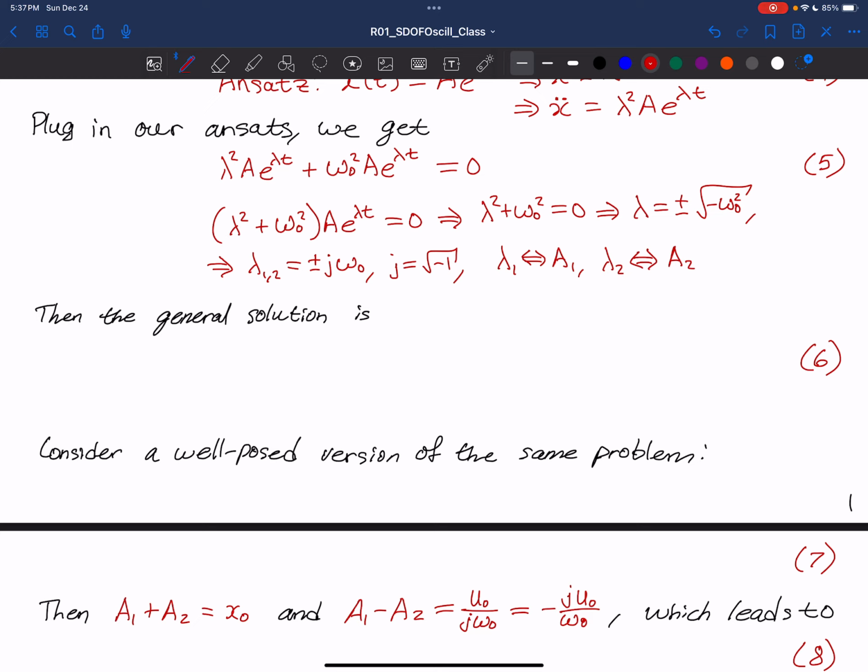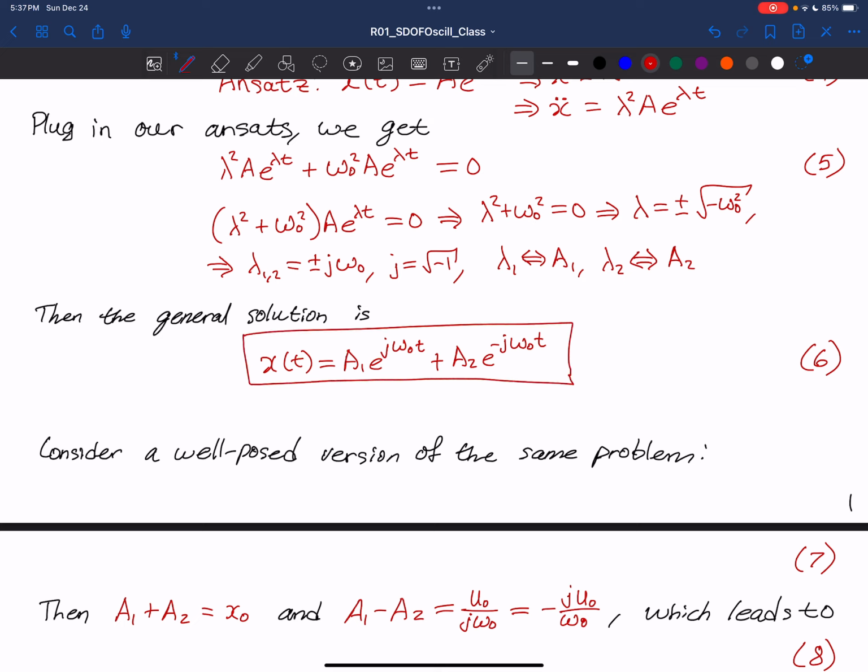Then based on this, we can write that the general solution is x of t is equal to a1 times e to the j omega 0 t plus a2 times e to the minus j omega 0 t. And this is the general solution to that governing equation.